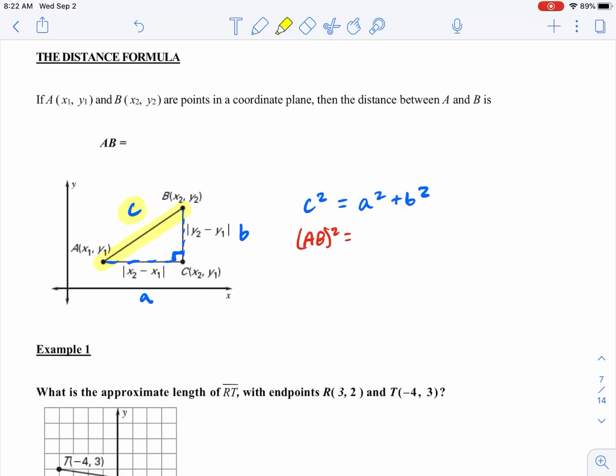So I'm going to go ahead and substitute that in for A. And how I'm getting that, just to make sure you know, this is A, and it's the absolute value of x2 minus x1, x2 and x1 being coordinates of our points. And similarly, B is y2 minus y1, the difference of our vertical coordinates. So I'm going to substitute that in as well. Instead of B, I'm going to put y2 minus y1.